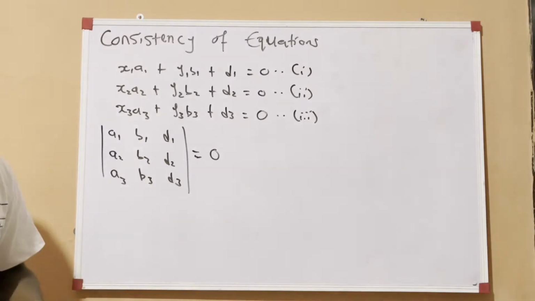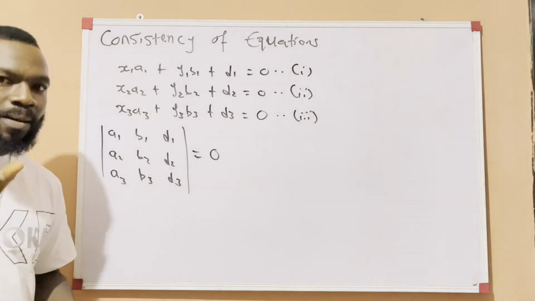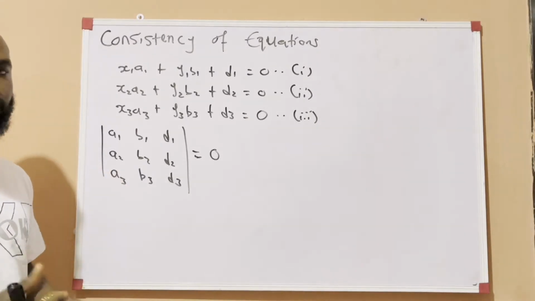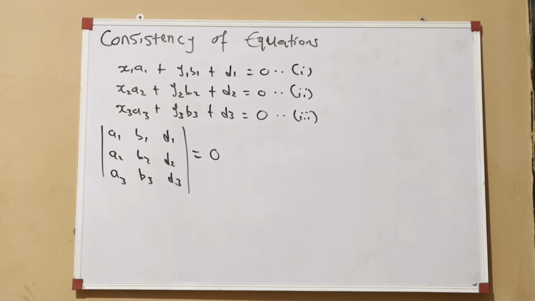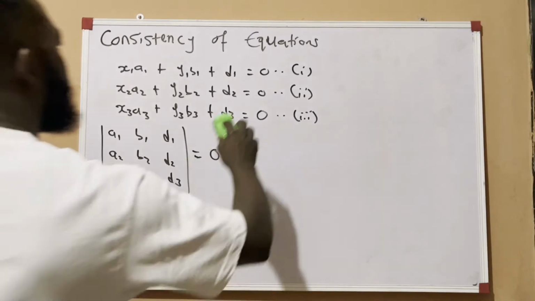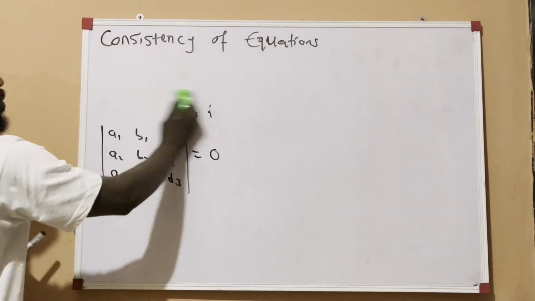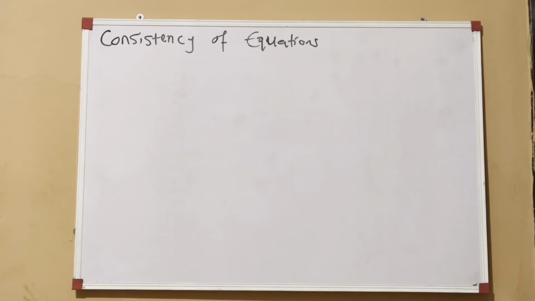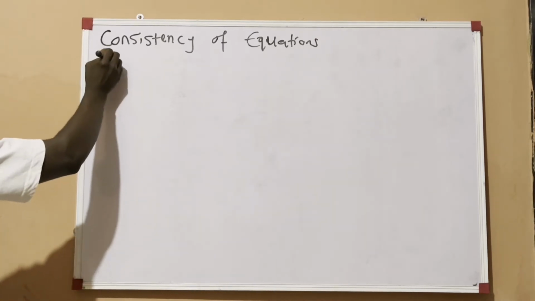Now, this is an illustration of what we are going to be doing today in this video. I'll be using 2 questions to give examples on how you can test the consistency of equations. Now, without wasting time, let's erase this and take the first example for today.